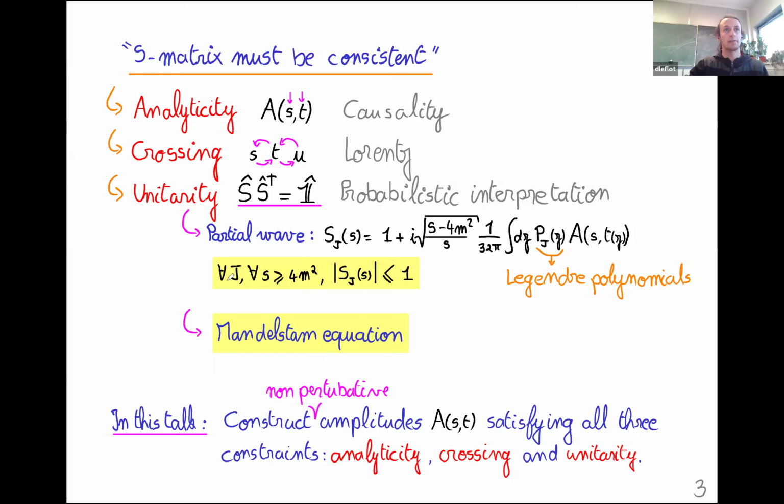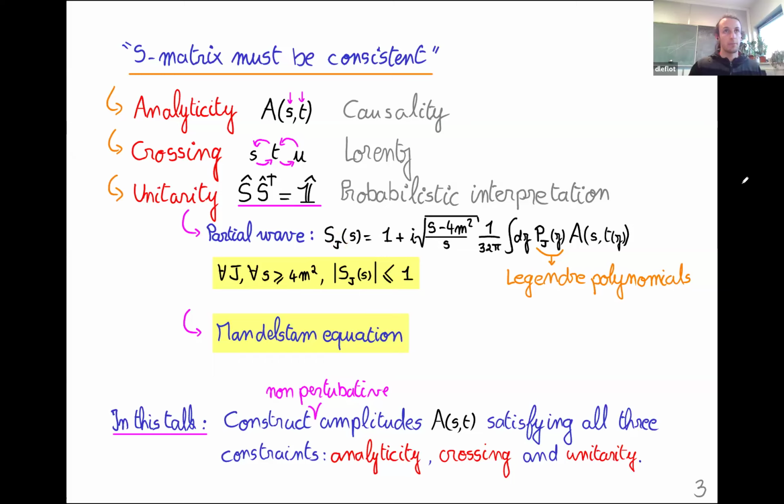For unitarity, we will see two equations which impose it. The first way is to use partial waves. The partial waves are computed from the scattering amplitude by projecting it on Legendre polynomials. So you have infinitely many partial waves labeled by their total angular momentum.